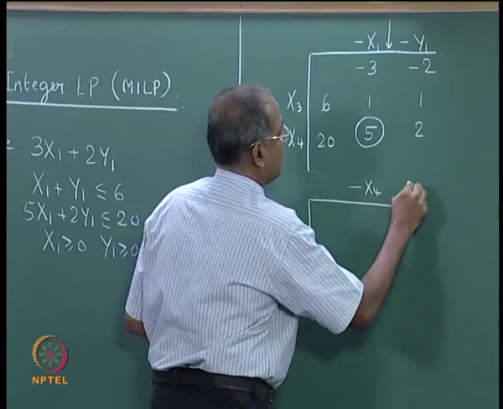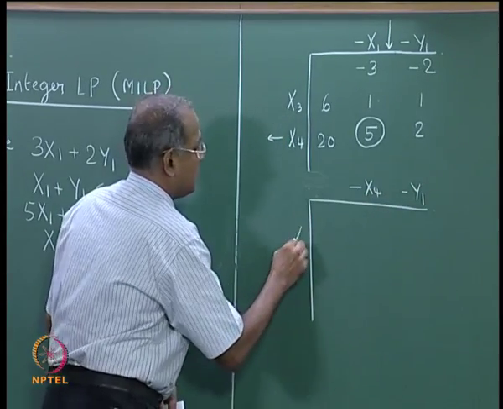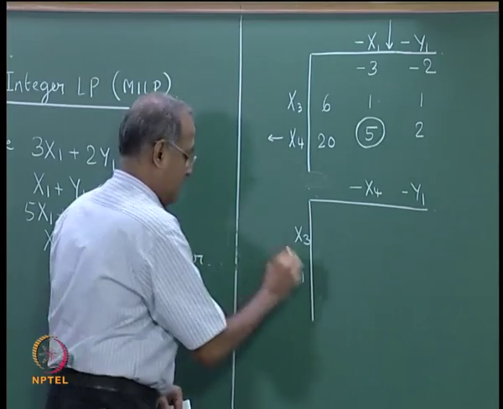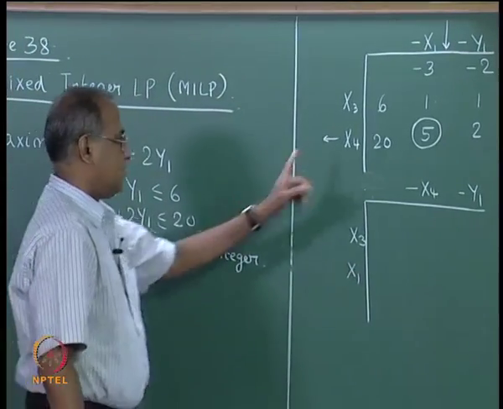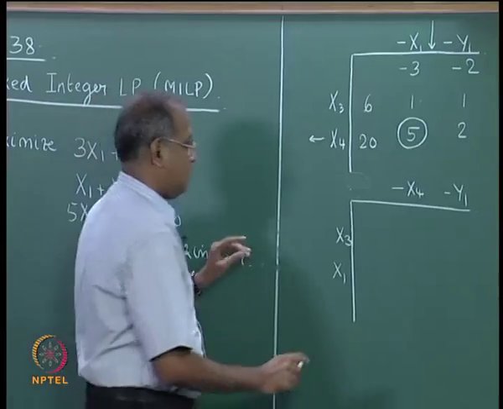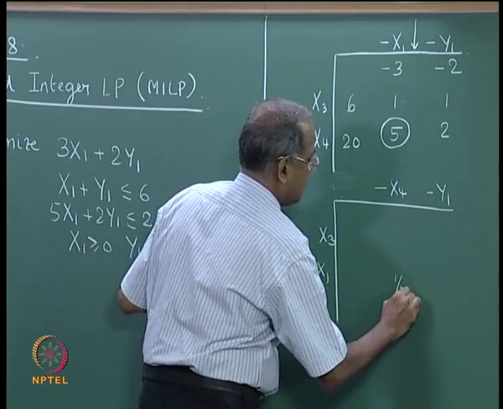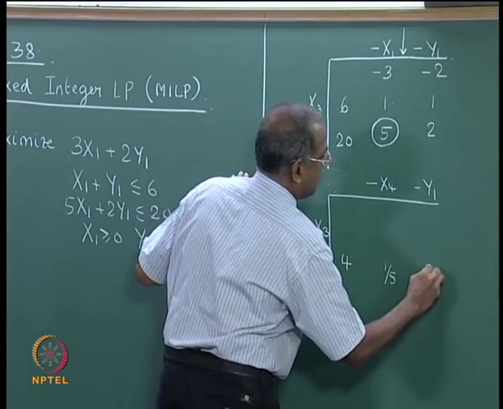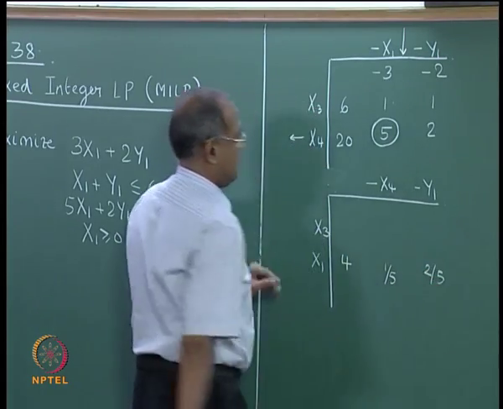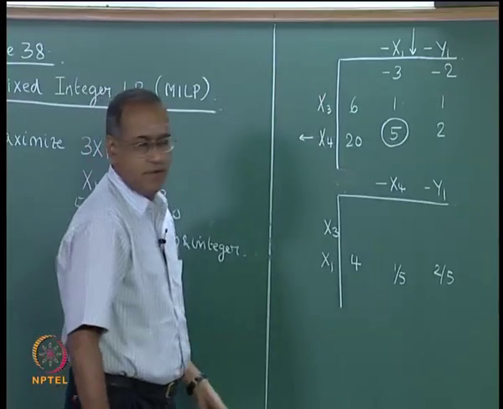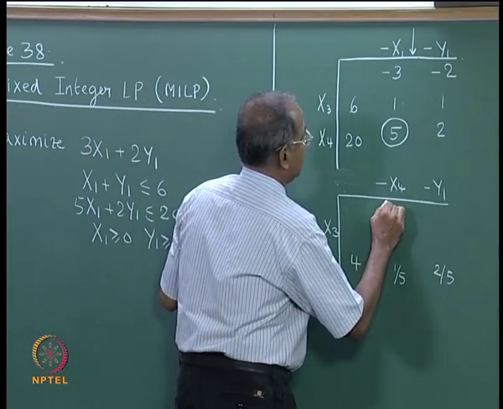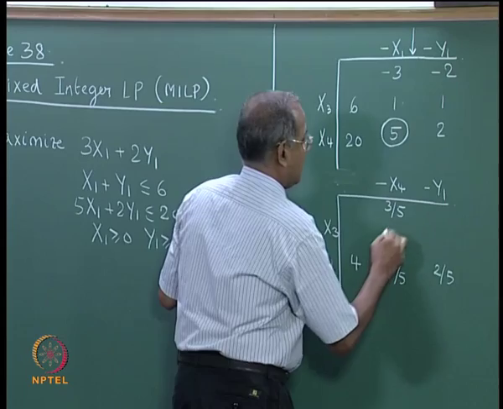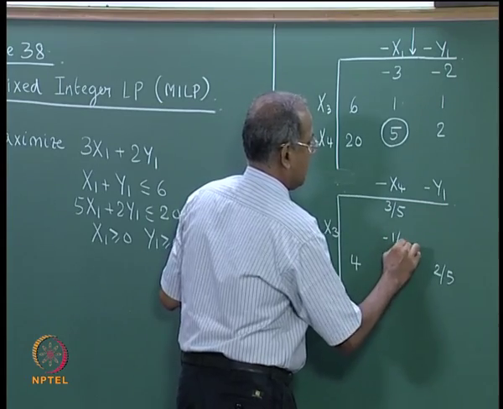Minus x4 and minus y1, x3 and x1. Pivot becomes 1 by pivot, so 1 by 5. Divide by the pivot, 4, 2 by 5. Divide by negative of the pivot, so plus 3 by 5 and minus 1 by 5.